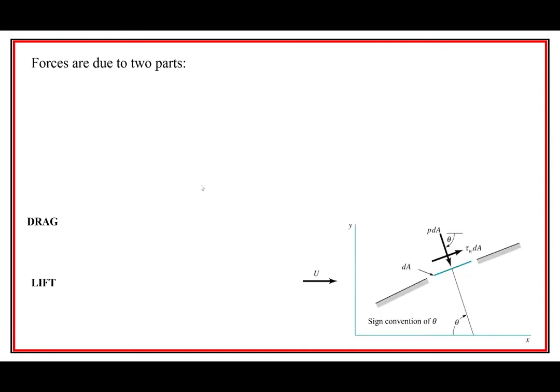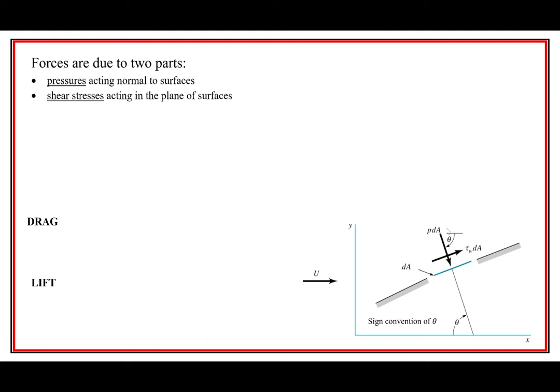There are really two parts to lift and drag, and we want to keep that in mind all the time. There are two elements: we have pressure drag and lift, and remember that pressures are always acting normal to the surface. Then we have shear stresses acting on the surfaces, and those are acting in line.